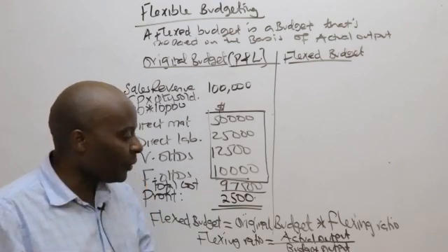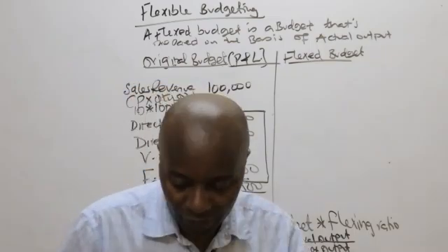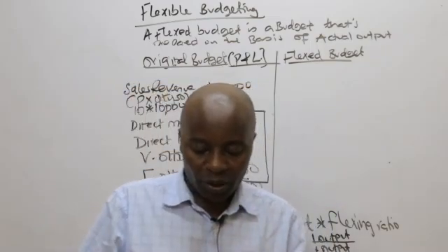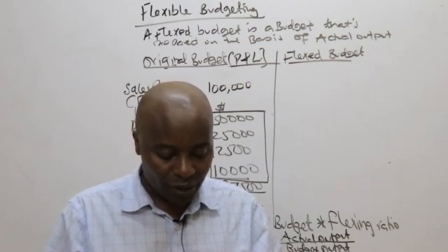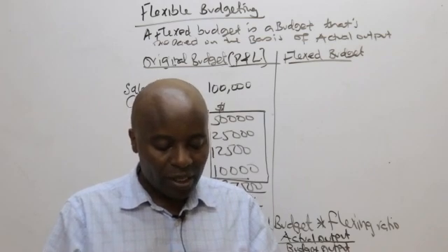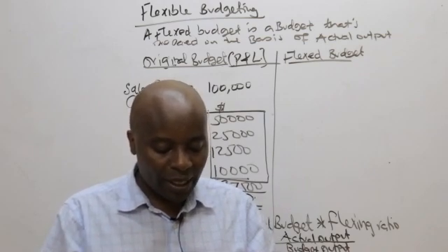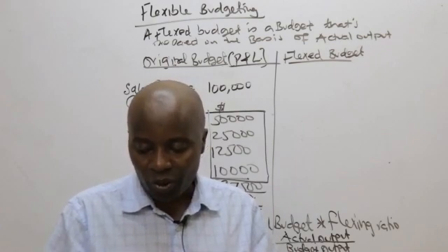Now, ladies and gentlemen, if you read this particular question that we have on our WhatsApp, they told us at the end of the year, the following costs had been incurred for the actual production of 12,000 units.